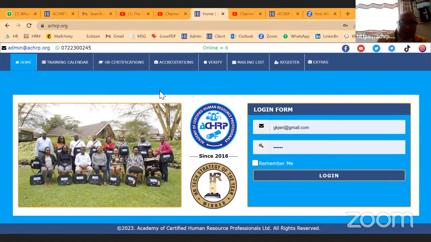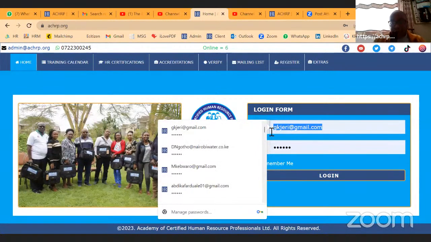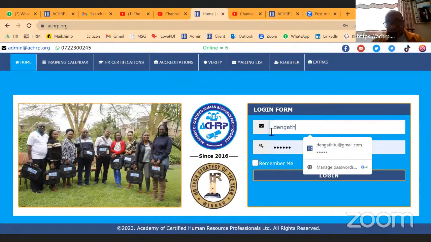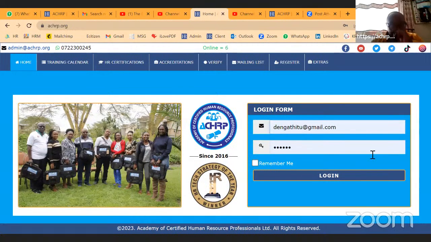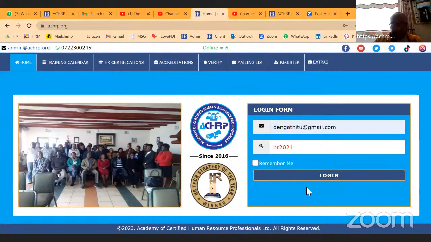And on the other side, there is a login form. So on the login form, let me log in with my account. You'll always see that the password is indicated there, HR2021.